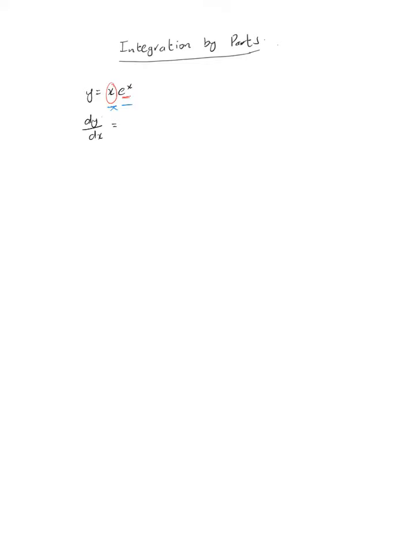So let's do that. This will be e to the x, because the differential of this will only be 1, right? And now keeping this constant, differentiating this will just give me e to the x, because the differential of this term is just this. Making sense so far, friends? Easy peasy, right? And we're done.